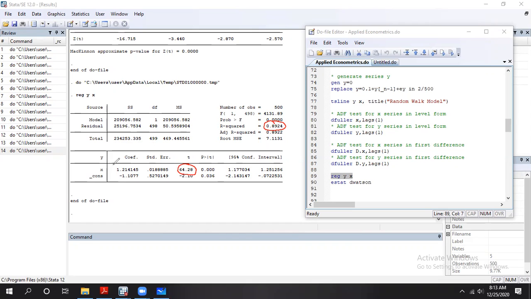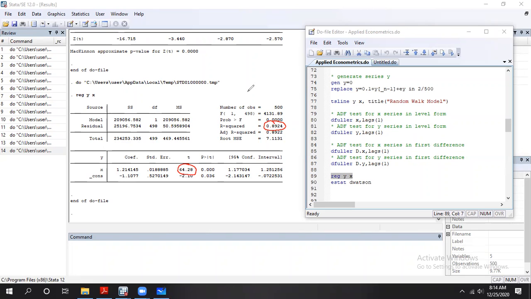There is no relationship between Y and X, so of course there is no way X can significantly affect Y. This is what we call spurious regression: two variables generated randomly with no relationship, but when we regress them the result shows X and Y are significant and the R square is quite high.